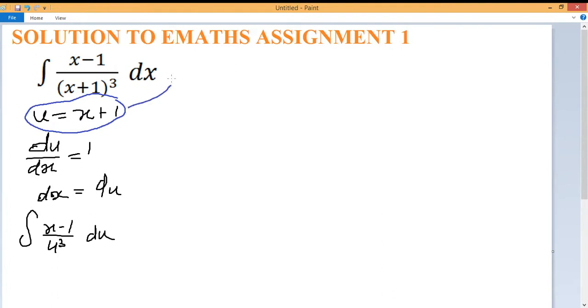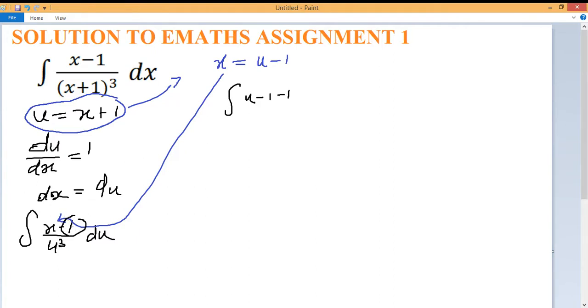So x is equal to u minus 1. Remember, I just sent the 1 to the other side. Then we'll substitute this here. So we'll now have the integration of u minus 1 minus 1. Remember, there's already a minus 1 here.